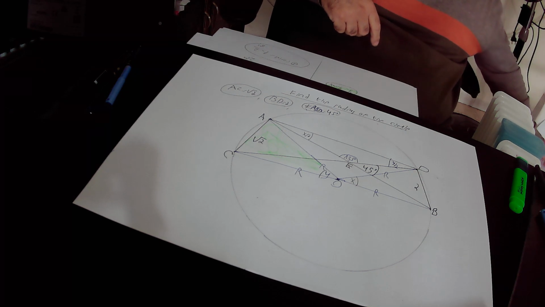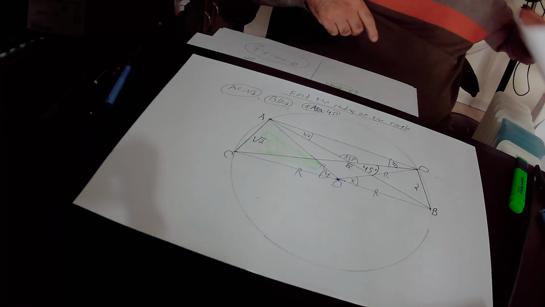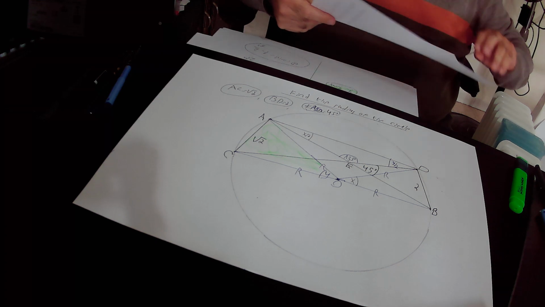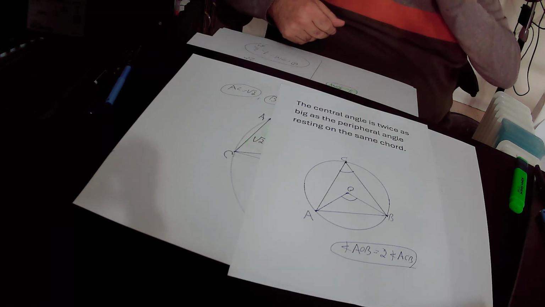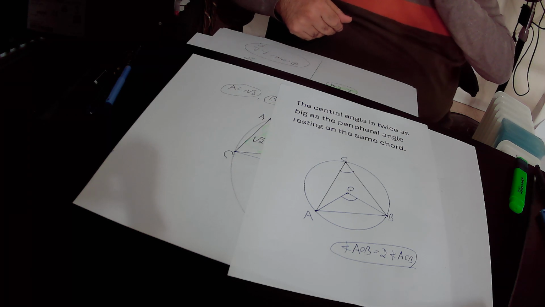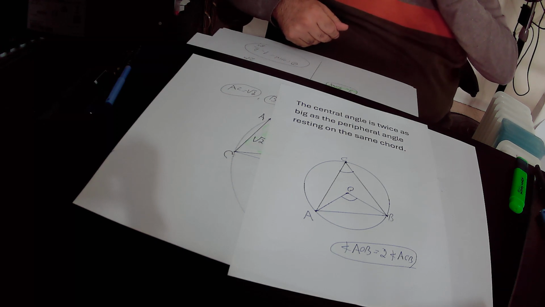We used 2 rules. We have the first rule, that the central angle is twice as big as the peripheral angle resting on the same chord.